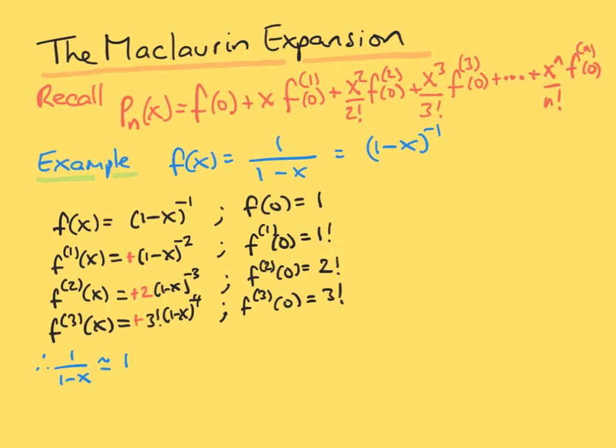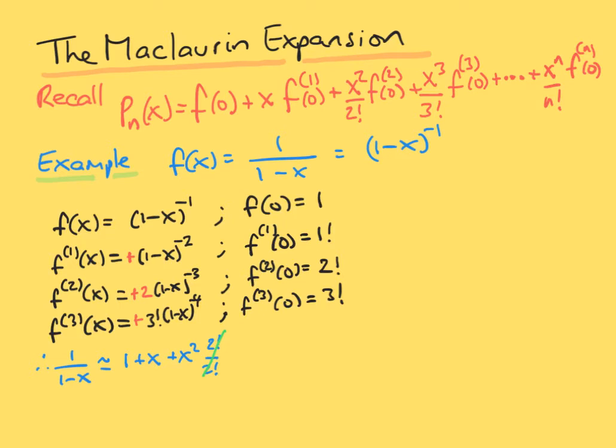I'm not going to bother writing it in the product, so we just write plus x, and then we're going to get plus x squared times 2 factorial. On the bottom we have 2 factorial, they cancel, so we just get plus x squared.